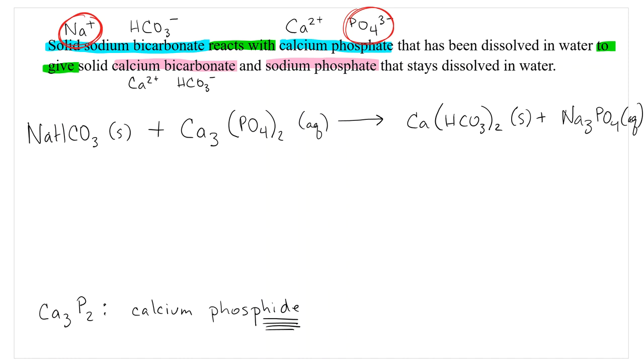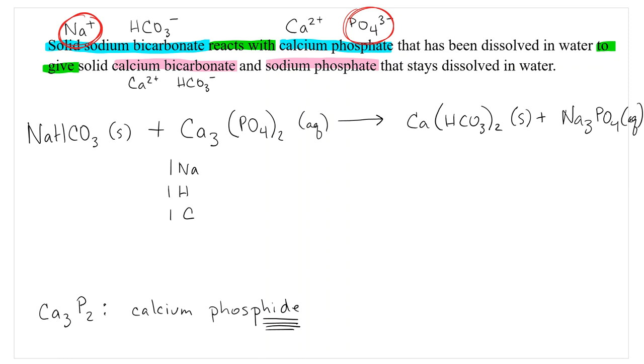So I'm just going to go left to right across my reactants. How many sodiums do I have? 1. How many hydrogens do I have? How many carbons? Now be careful.